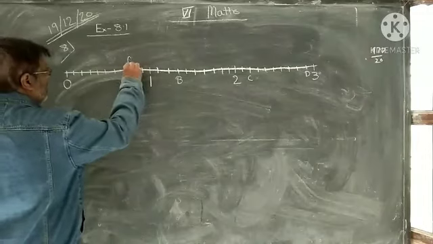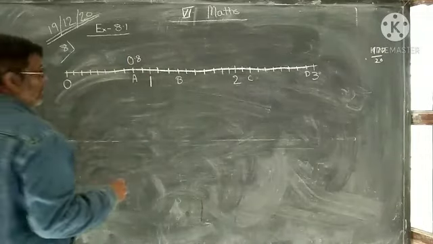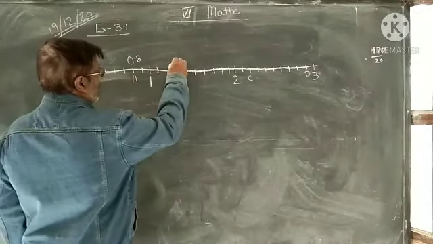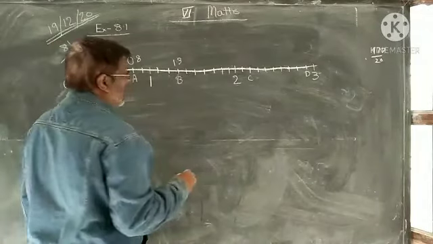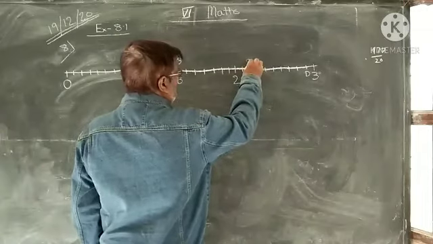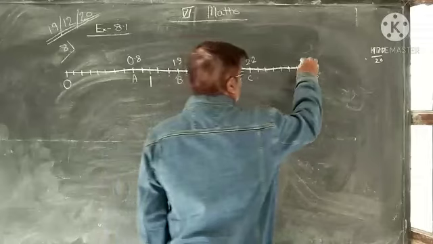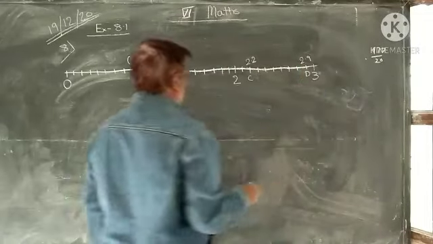So we will mark this as 0.8. Then 1, 2, 3. So B is marked on 1.3. C is marked on 2.2, and D is marked on 2.9.